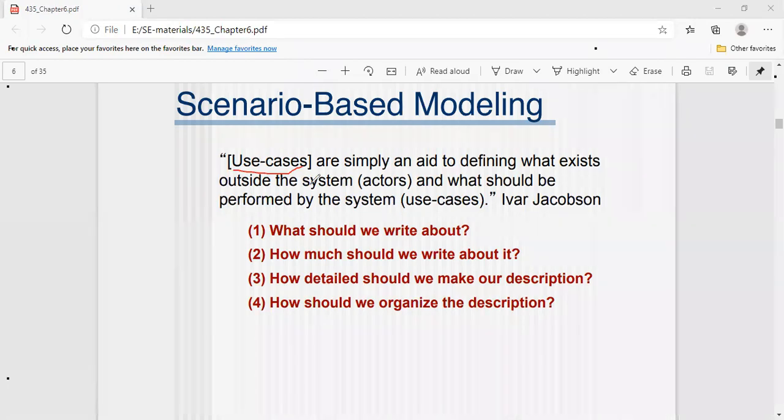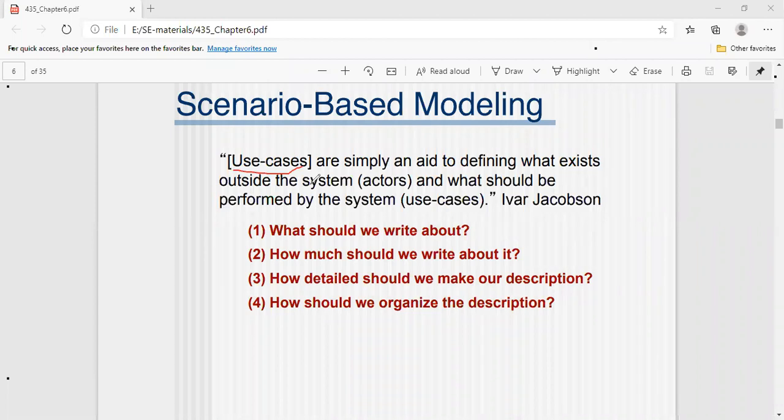These are simply an aid to defining what exists outside the system and what should be performed by the system. These use cases will tell us what exactly the system is, what the functioning of the system is, and what is outside the system.